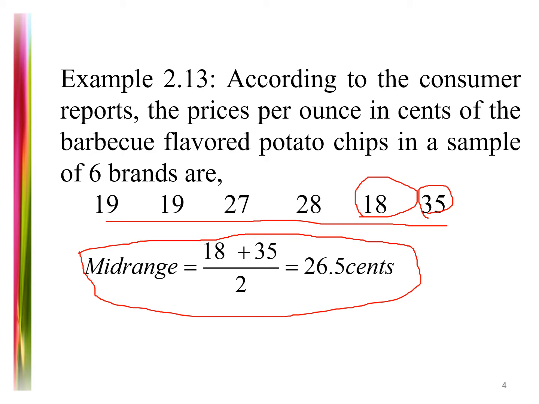That means 19 plus 27 divided by 2, which is 23. The median is the midpoint of the data, so that is 23, but the mid-range is 26.5, because for the mid-range we only consider the maximum value and the minimum value.